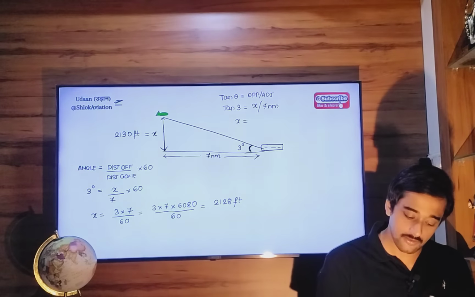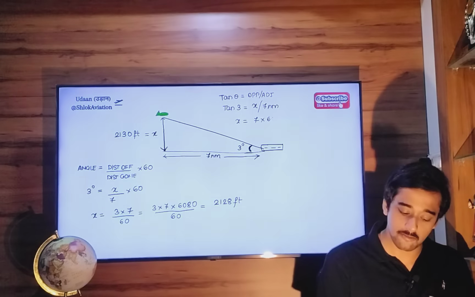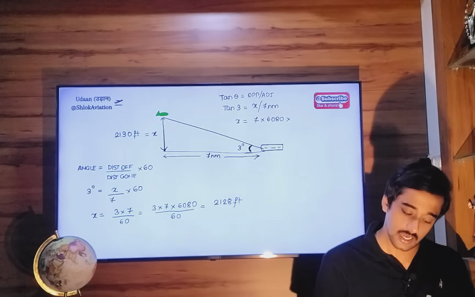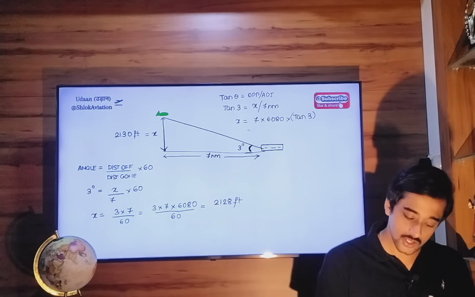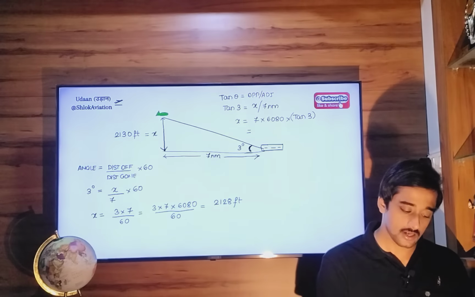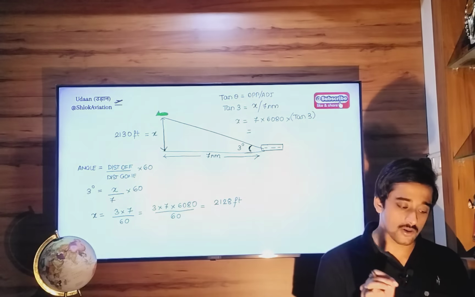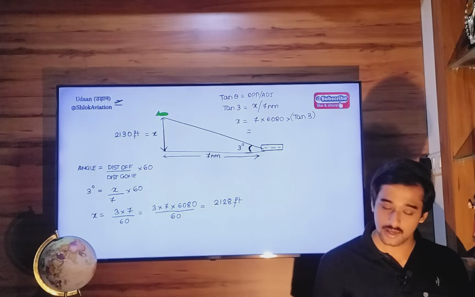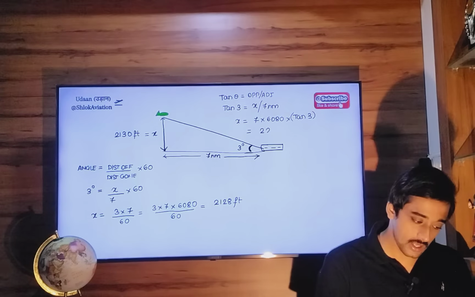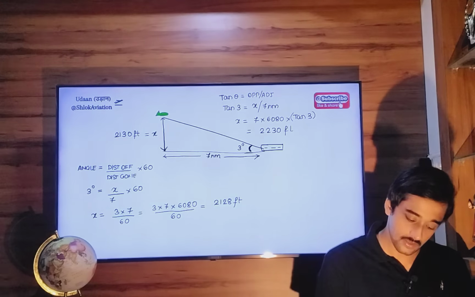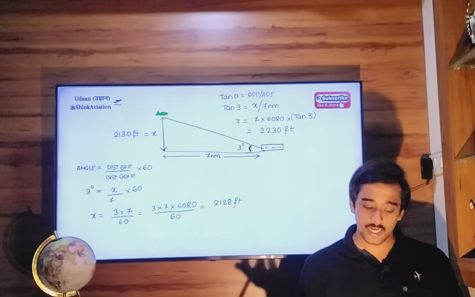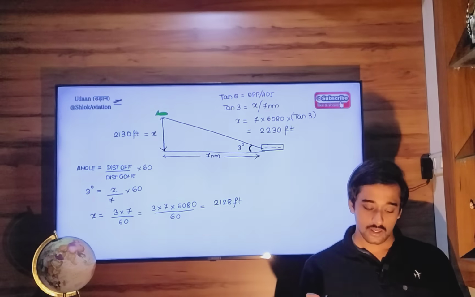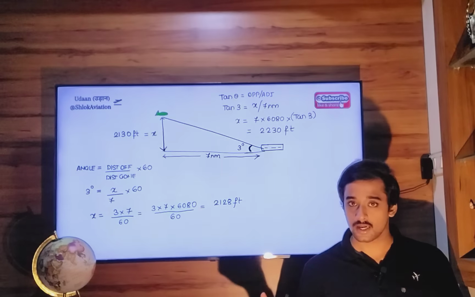So height of aircraft equals 7 nautical miles multiplied by 6080 feet into tan of 3. So tan 3 into 7 into 6080 is 2230 feet. So using the tan theta formula we get the value equal to 2230 feet.